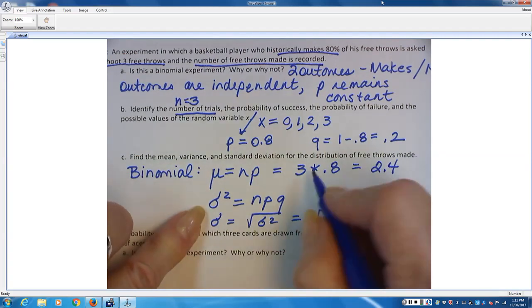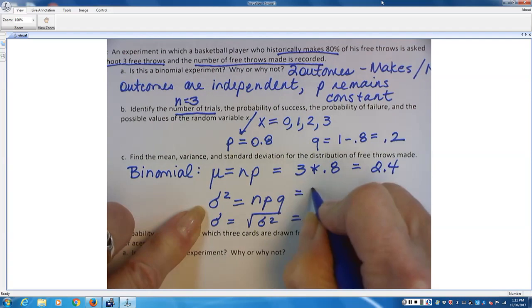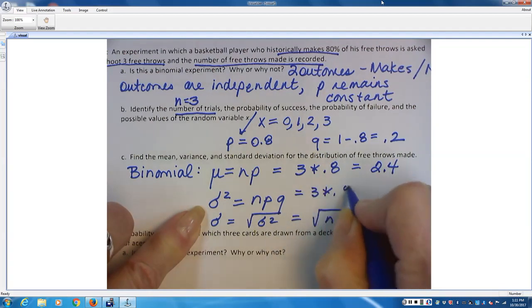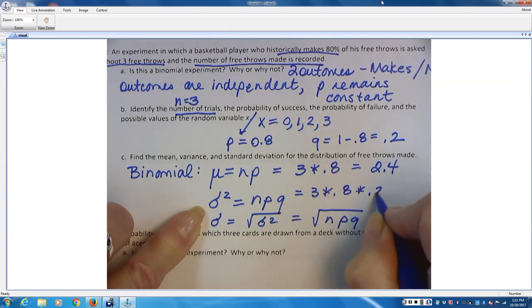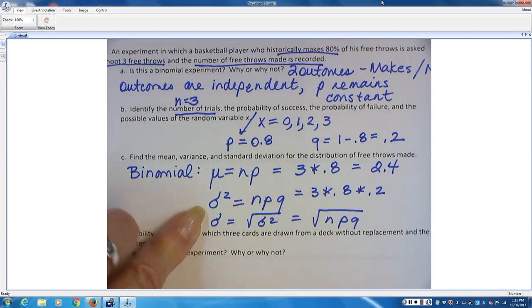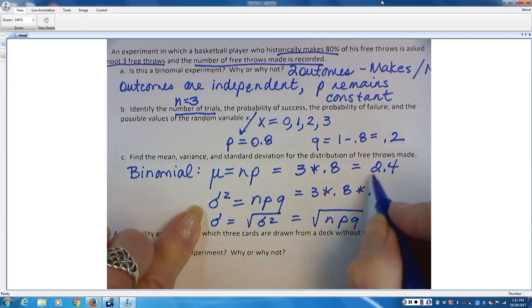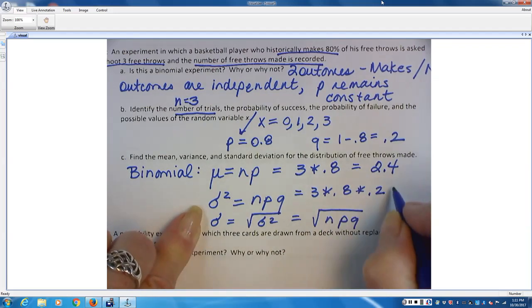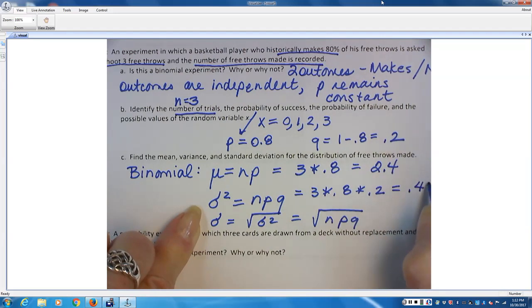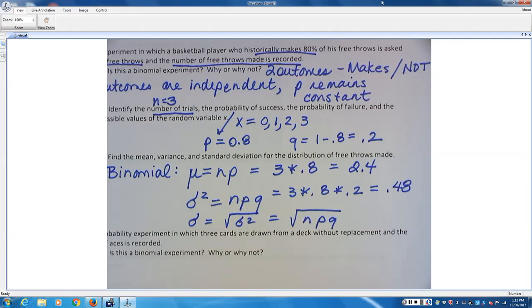The variance of that is going to be 3 times 0.8 times 0.2, and 0.2 times 2.4, which is 3 times 0.8, is going to be 0.48. If I did my arithmetic correctly, I probably better check that. Okay, so I'm sure that I'm right on that.